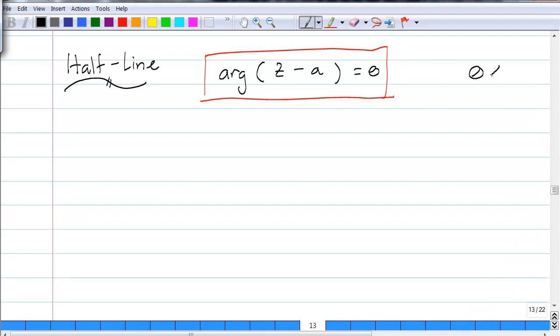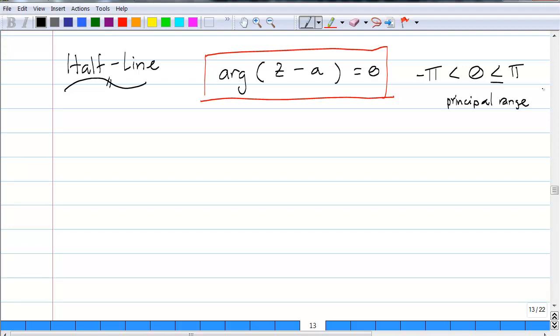If theta is the argument, the principal range for theta is between negative pi not inclusive and pi inclusive. Right, so this is the principal range. So the half line has an equation which is of this form.